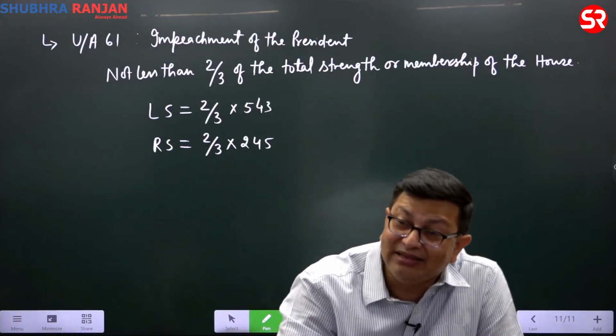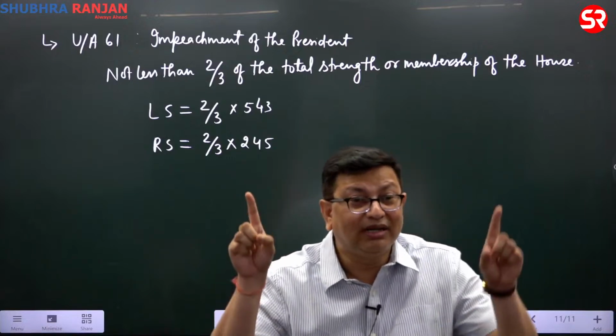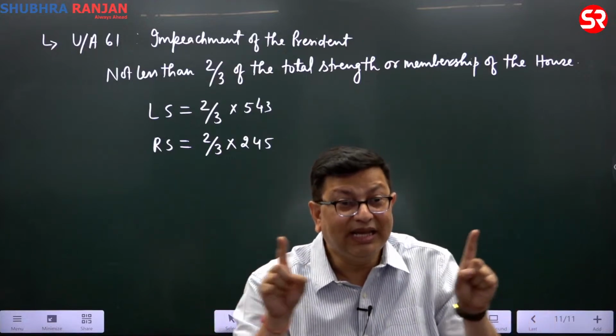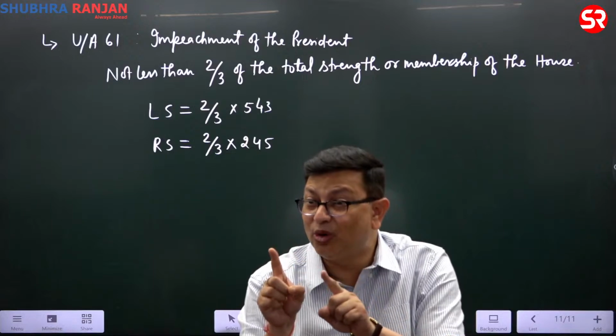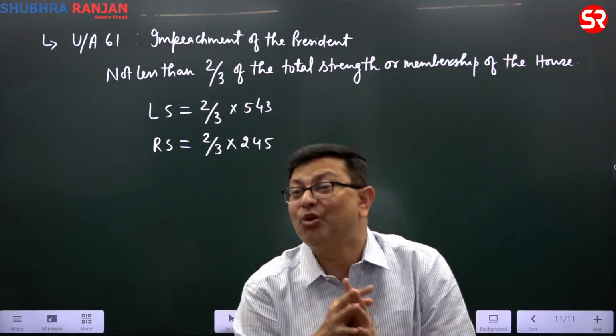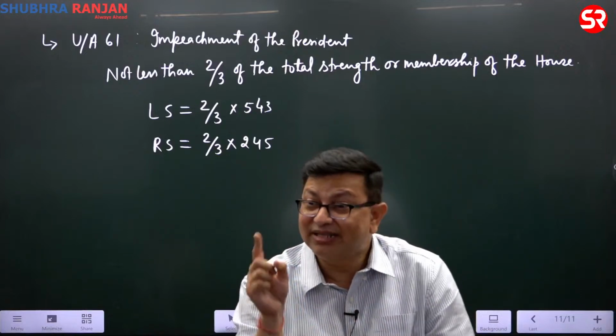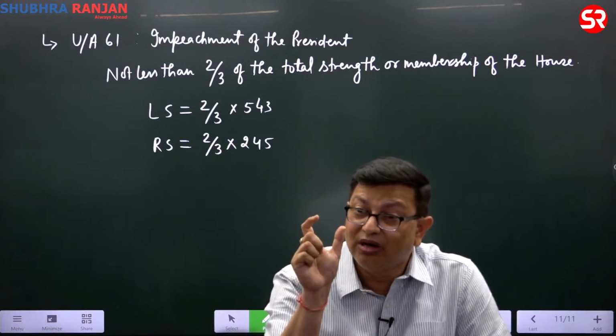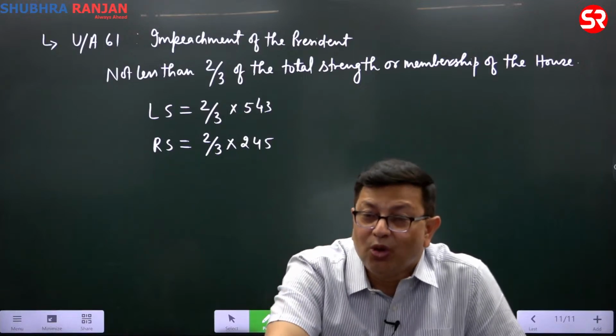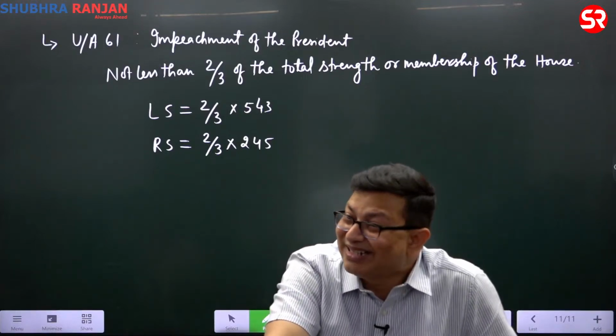That is why in that context, the word impeachment is used even for the judges of the Supreme Court as well as for the high courts. But sir, constitutionally, the word impeachment has been used only for the president.